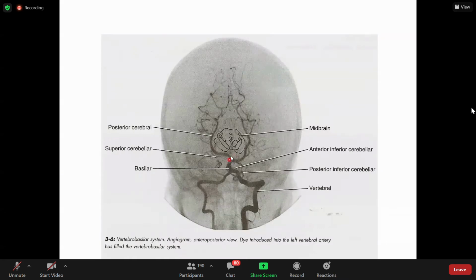So again, angiogram. These are the vertebral arteries. They unite to form the basilar. The basilar terminal branches are the posterior cerebral arteries. They go around the midbrain and they are destined to go to the occipital cortex.